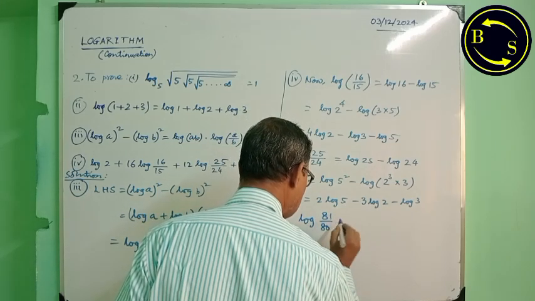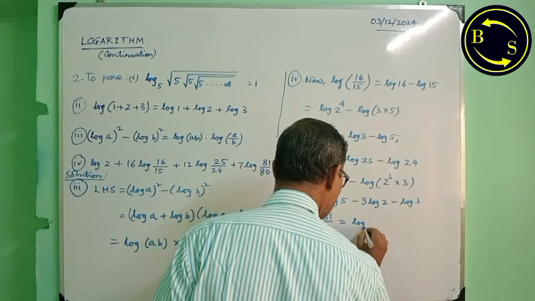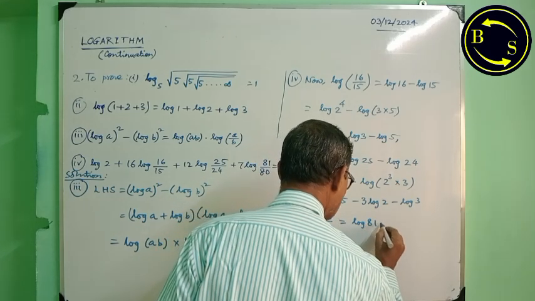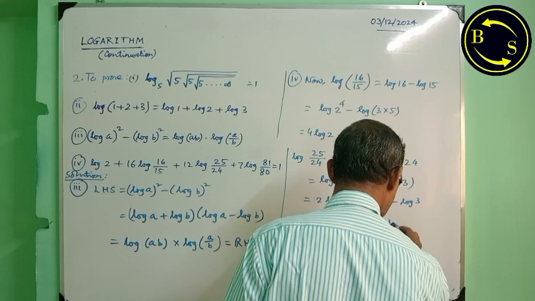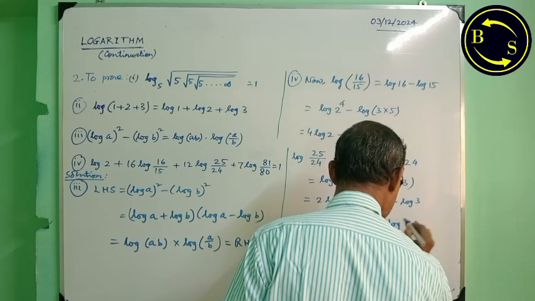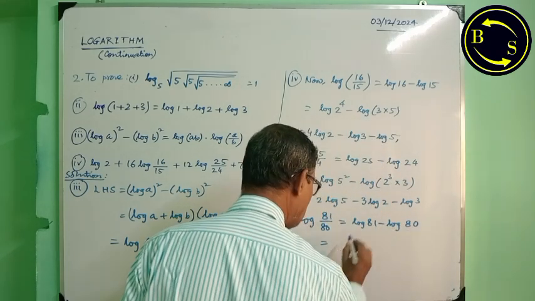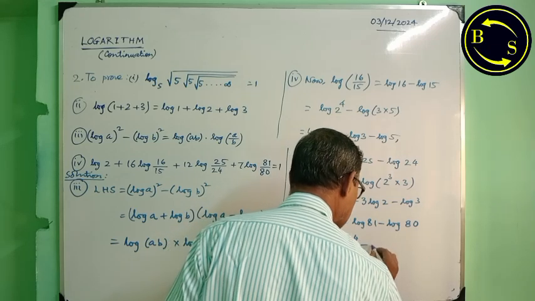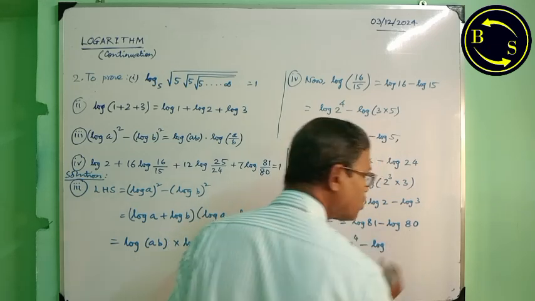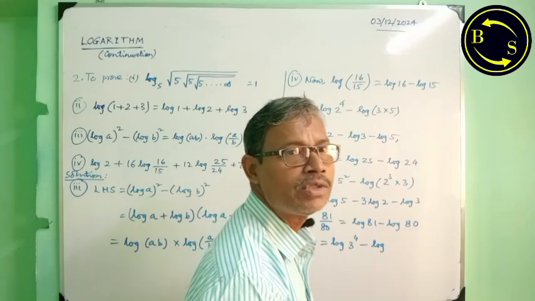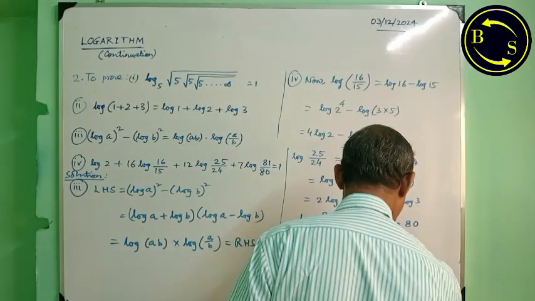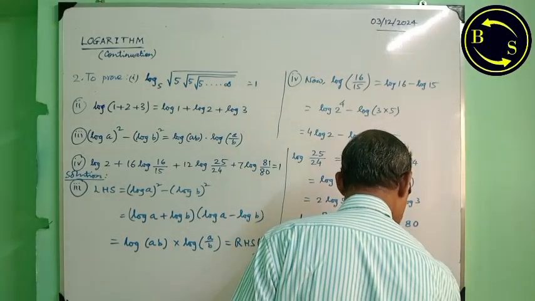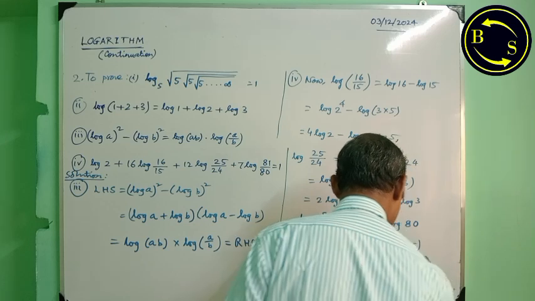Then log of 81 by 80, log of 81 minus log of 80. Now 81 is 3 to the power 4, minus log 16 into 5, 80 is equal to 16 into 5. Therefore, I can write it 2 to the power 4 into 5.